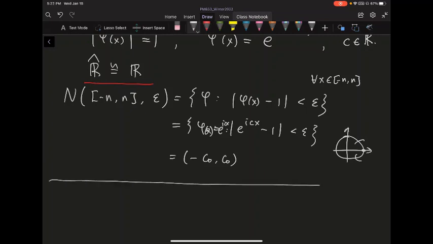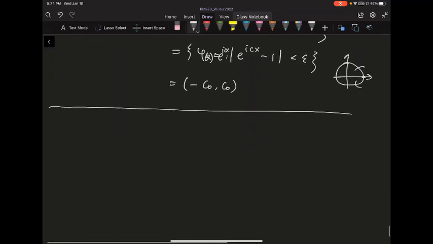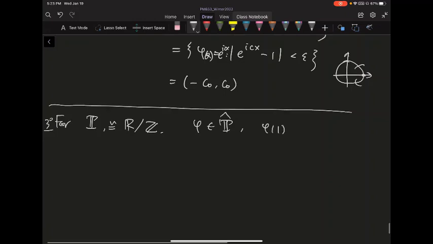Well, in particular, if you want to restrict yourself to the unit circle, let's just say the third one. For the unit circle, you treat the unit circle as the reals modulo the integers. So essentially, you have to require that phi in the dual group, which sits inside R, has to map 1 to 1 again.